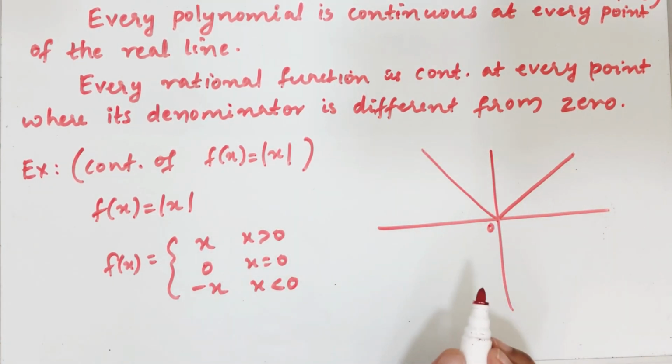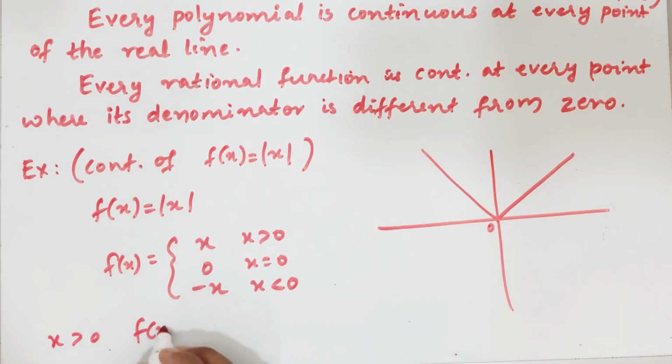We can check the continuity. When x greater than 0, f of x is equal to x, a polynomial, or an identity function. Clearly, it is continuous. When x less than 0, f of x is equal to minus x, which is also a polynomial function, or minus 1 into x, which is continuous.